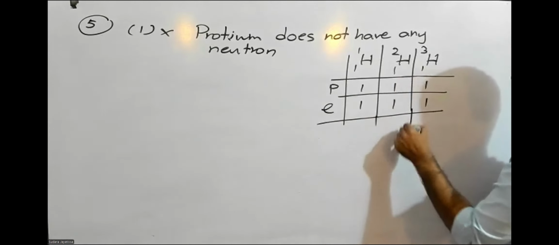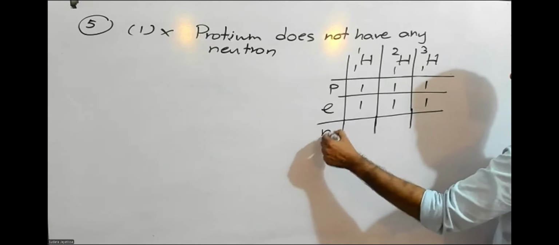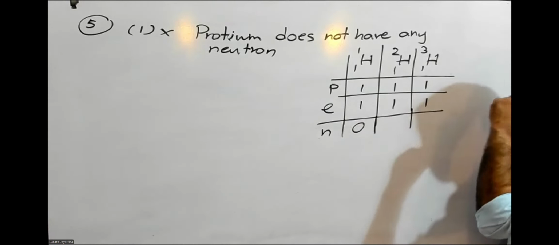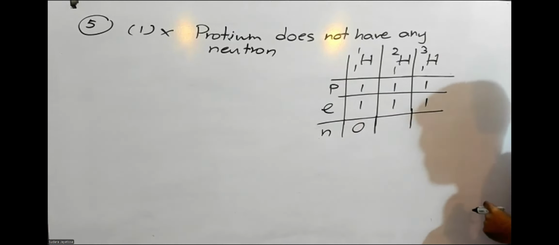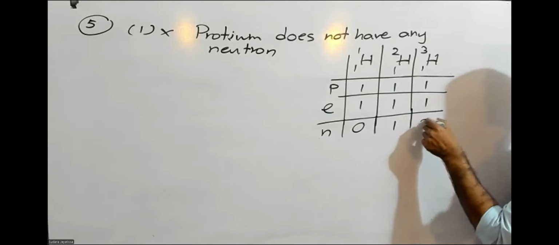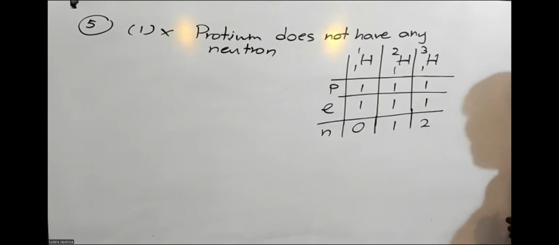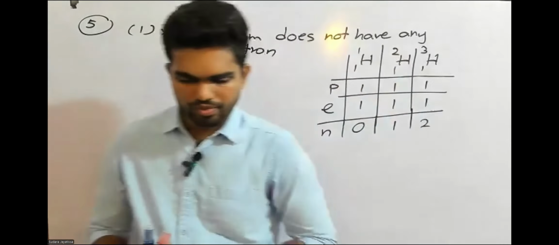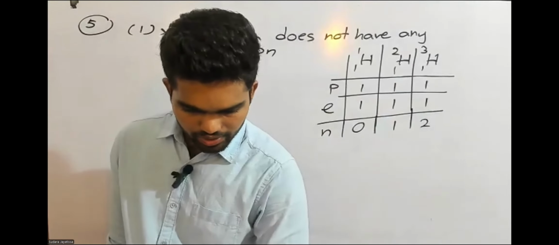But when you go to the neutrons, here you will not have any neutron because the mass number is 1. So that means there will be no neutrons. Here 1 and 2. That's why we say the first statement is wrong. Okay, good. And then we can go to the second one.